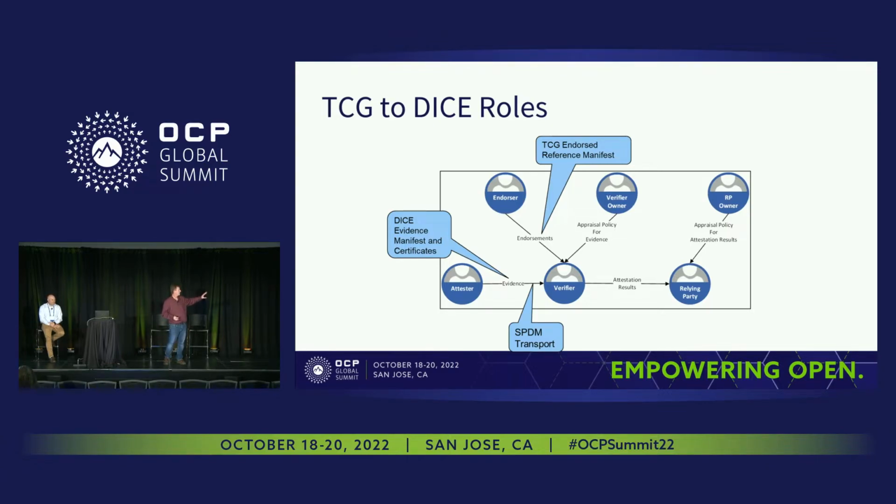So we're touching on the endorsement, so that's the reference manifest. We're also touching on the evidence manifest and the certificates, so that's both your reference and the evidence that's presented. And then we touch on SPDM, which is how you move that evidence from a device to a verifier. So it's really these bubbles that we're tying together.